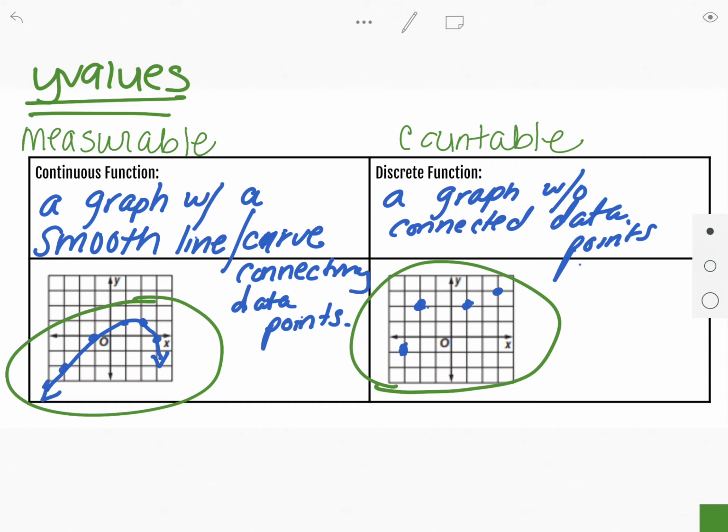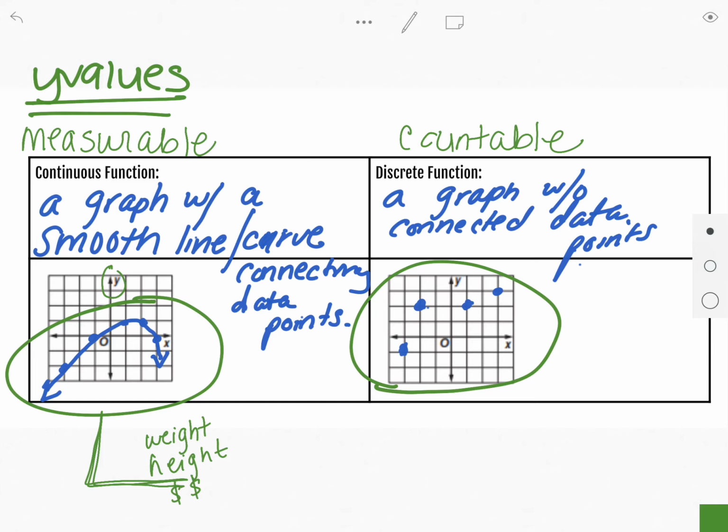Let's clarify that a little bit. If I'm looking at a continuous graph and I'm looking at the y values of my continuous graph, I'm talking about things like weight, height, and even money. In a continuous graph, you can measure those things.